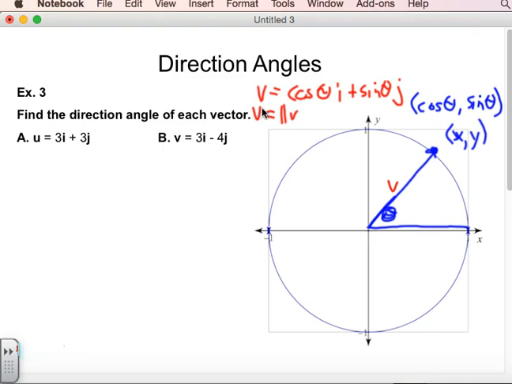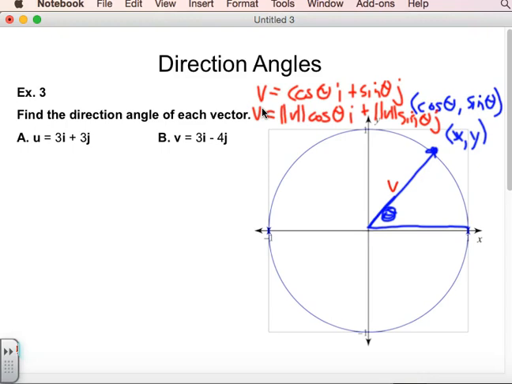So we would say the magnitude of v times the cosine of theta i, because we're going to make the vector longer. So now the x and y coordinates are going to be multiplied by the magnitude, plus the magnitude of v times sine of theta j.